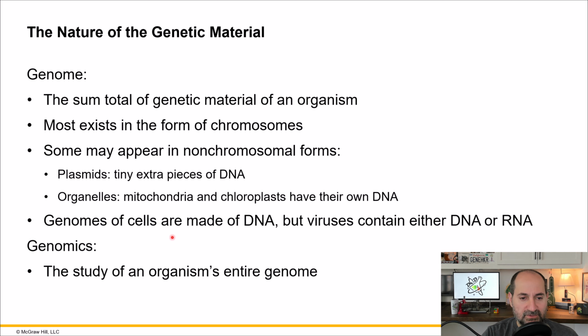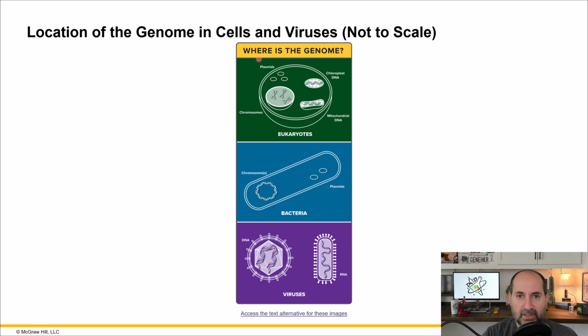The genomes of cells are made up of DNA, but remember that viruses can have a wide variety of different types of genomes. They could be DNA genomes or RNA genomes. Okay, where is the genome? In a eukaryote, remember the chromosomal DNA is in the nucleus, while the non-chromosomal DNA is found in the chloroplasts and the mitochondria.